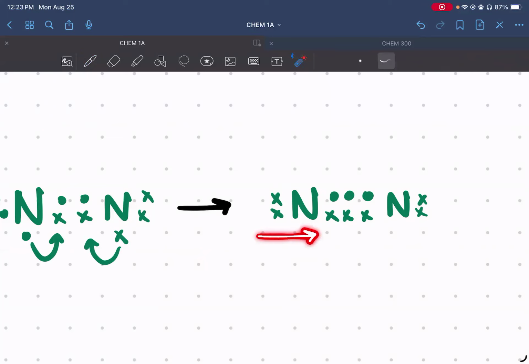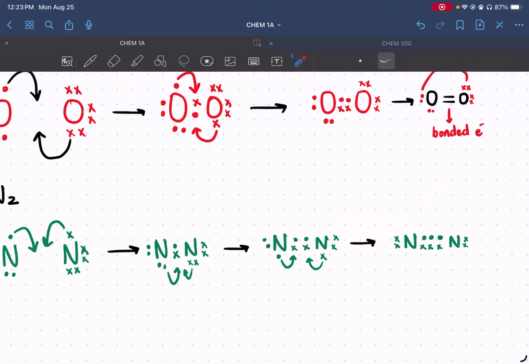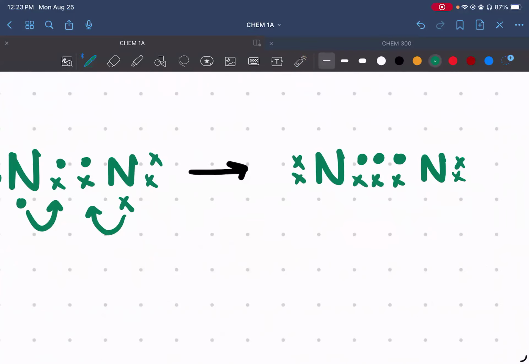From the perspective of the left nitrogen, 1, 2, 3, 4, 5, 6, 7, 8. Great. From the perspective of the right nitrogen, 1, 2, 3, 4, 5, 6, 7, 8. Great. We represent this in the form of nitrogen with a triple bond between them. And each nitrogen will have a lone pair left over.